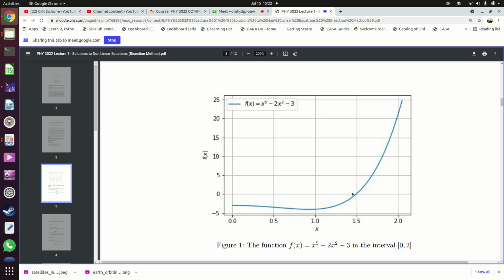Now our interest is only in this interval, starting from 0 here to 2. And as you can see, this particular function cuts the x-axis somewhere there. So with a simple plot of a graph, we can see that there is a solution to this particular function in the interval we have chosen. Are we clear?